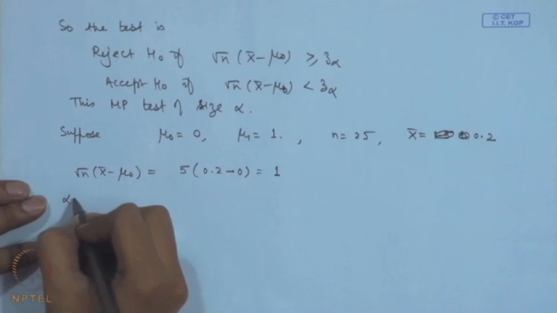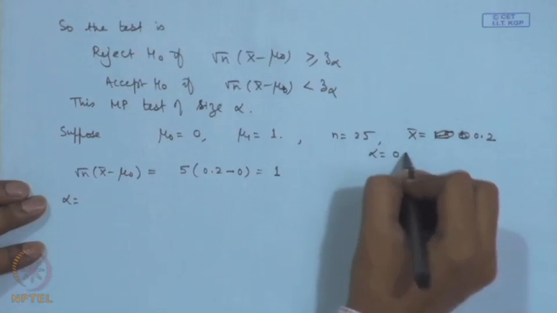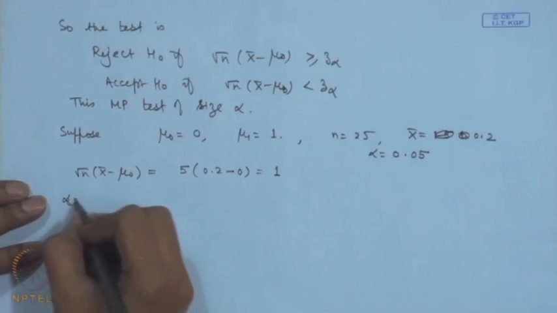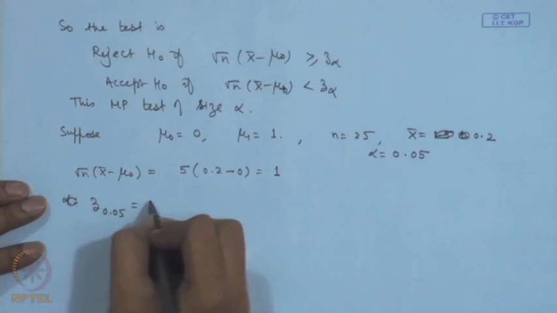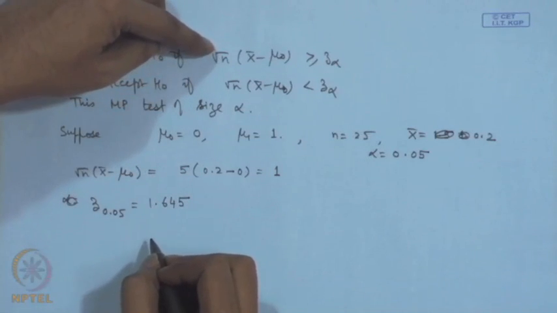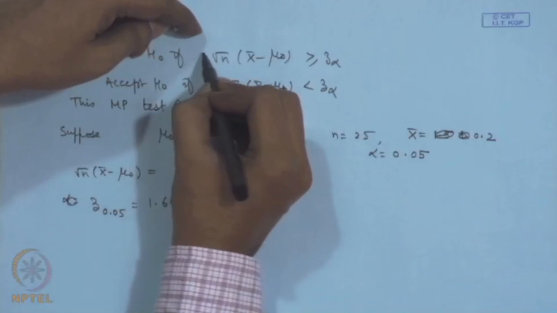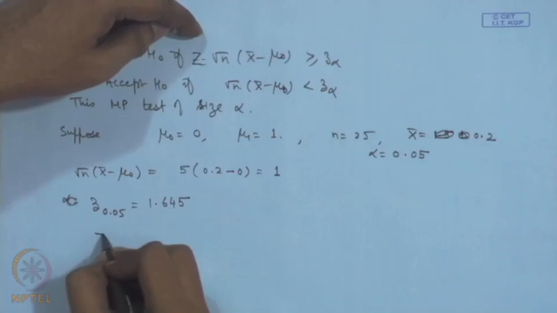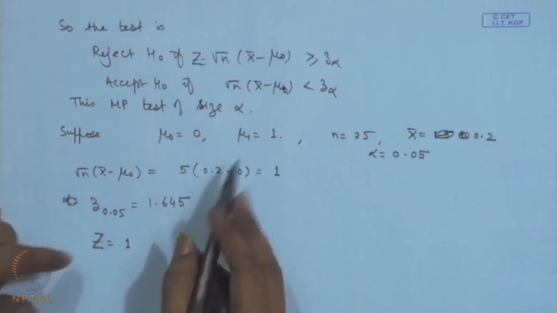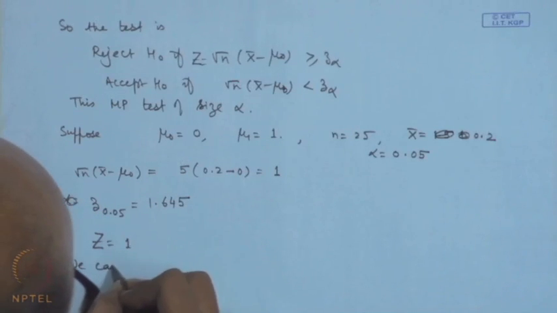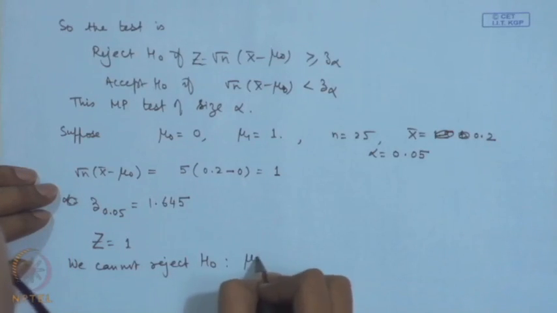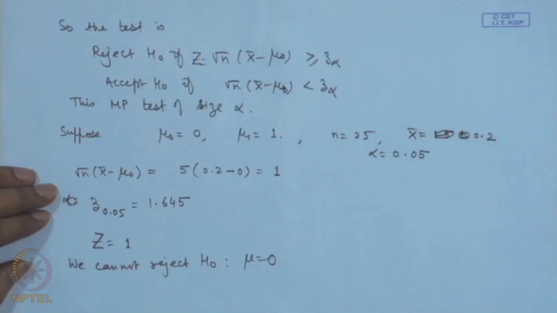And let us consider say alpha is equal to 0.05. If I take alpha is equal to 0.05, then z of 0.05 is equal to 1.645. So, let me call this value z. We are getting z as 1 and z alpha value is 1.645. So, we cannot reject H naught, that is mu is equal to 0, if x bar is equal to 0.2.